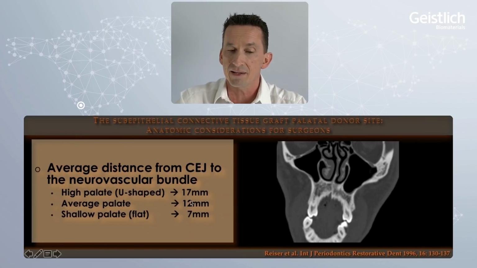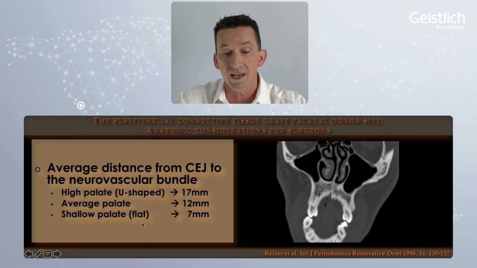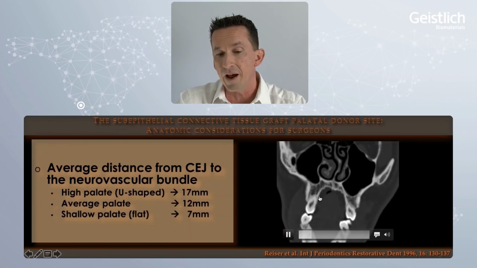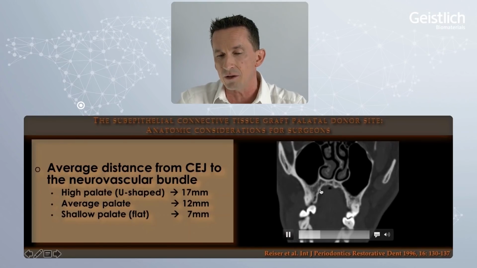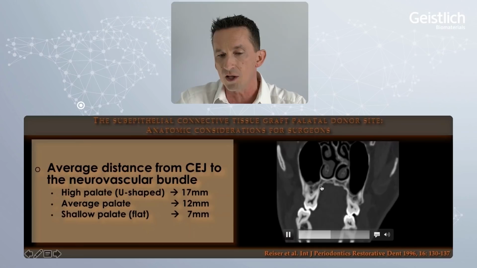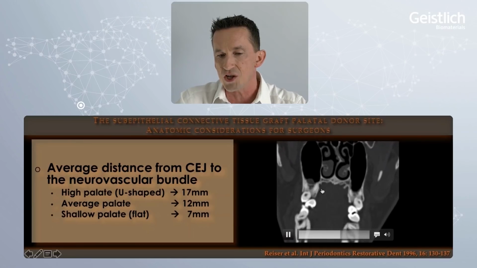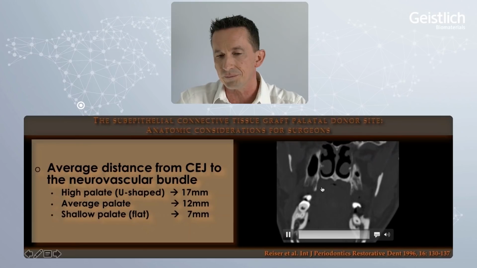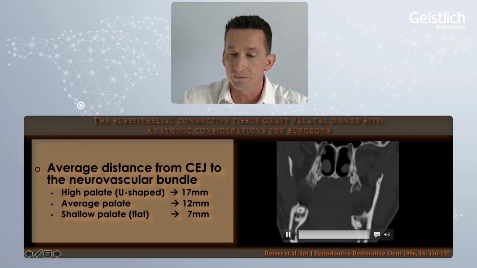In an average palate, it is 12 millimeters, and in a shallow palate or flat palate, we only have 7. Here you see this is a very high palate, and in the end of the palate, you might see also there is the channel of the artery, which we don't want to harm.